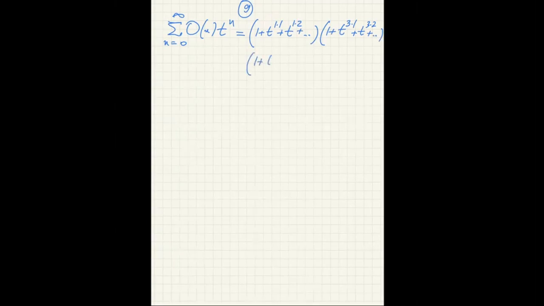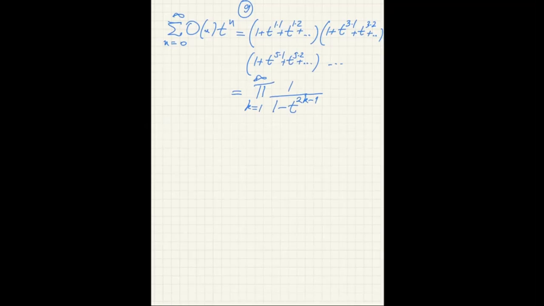And then you continue with t to the 5, 5 times 2, and so on. So this is the same thing as the product over k from 1 to infinity of 1 over 1 minus t to the power 2k minus 1. When k equals 1, we get 1 over 1 minus t. When k equals 2, we get 1 over 1 minus t cubed, and so on.